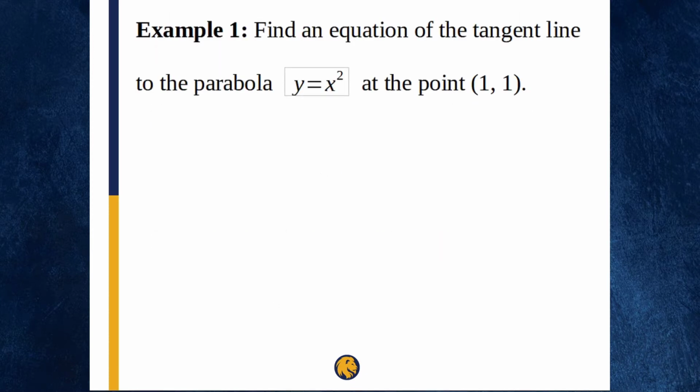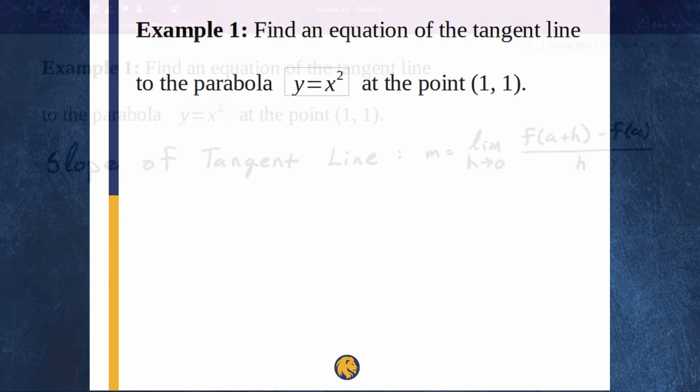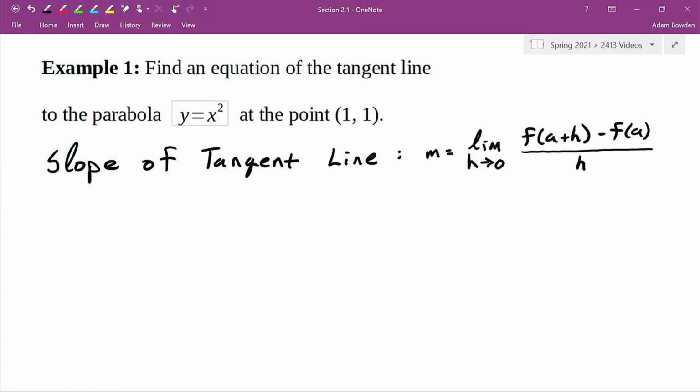So let's take an example and find the equation of the tangent line to the parabola y equals x squared at the point 1, 1. So when we look at this coordinate in this function, we're going to be using this formula and limit to calculate the slope of the tangent line. So the point we're dealing with here is A, f of A, in other words.